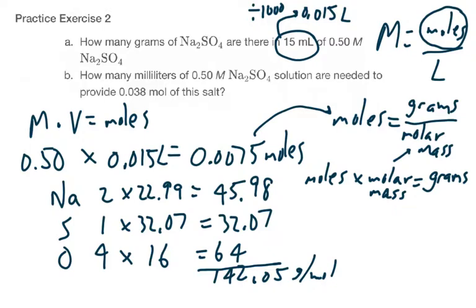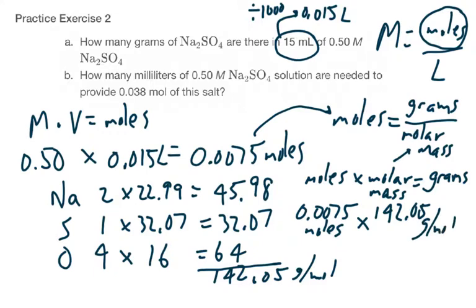So the numbers that we got, we did get 0.0075 moles. We know that the molar mass is 142.05, and that's grams per mole. The moles will cancel. When you do the math, you're going to get 1.065375 grams.